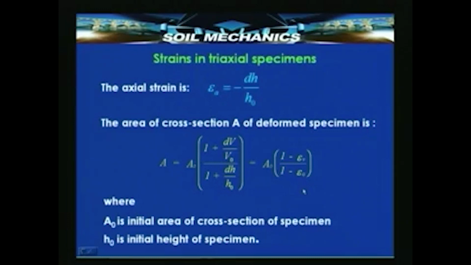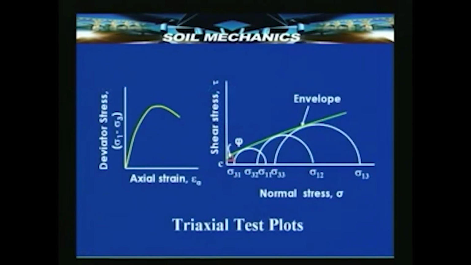In terms of the vertical and volumetric strains and the original area of cross section, we can get the new area of cross section. So, A is the new area of cross section after deformation, A0 is the initial area of cross section of the specimen, and H0 is the initial height of the specimen. With this, we will be able to tell what the strains will be at any given instant in the specimen.